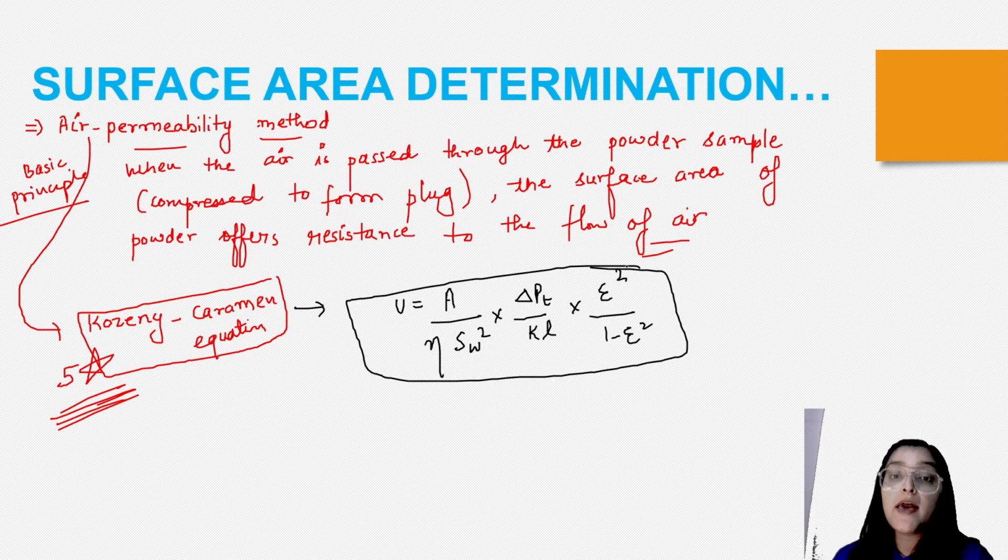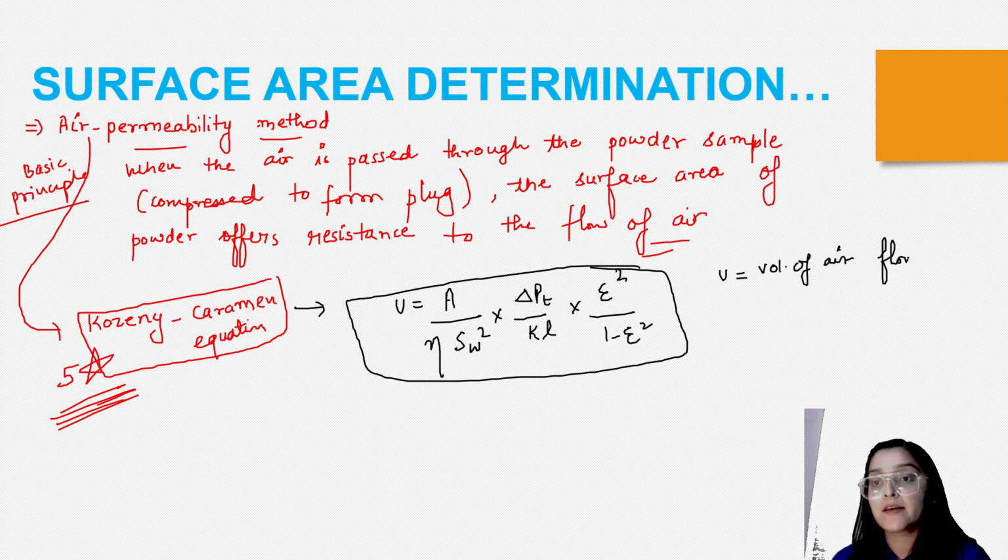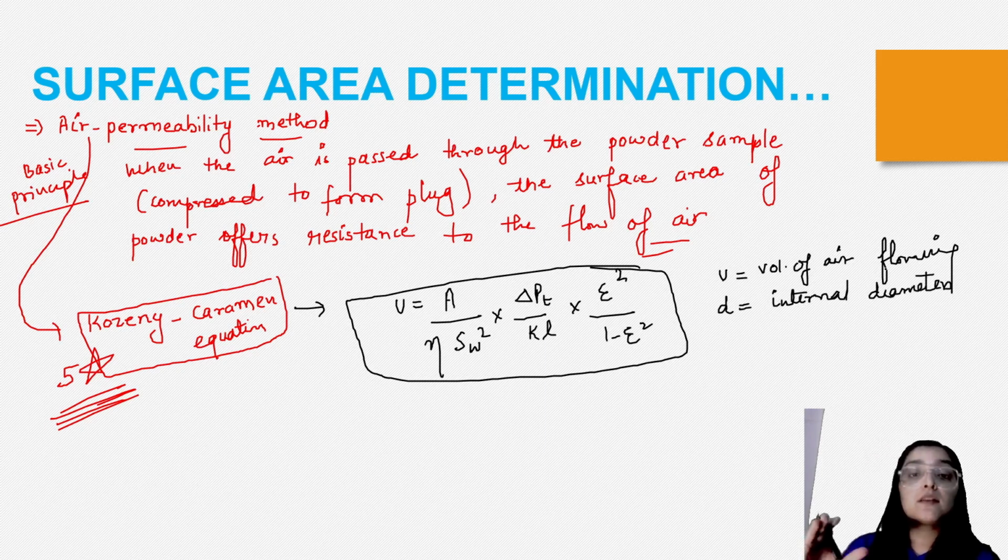As we can see here, V is the volume of air flowing. Next is D, which is obviously the internal diameter of the capillaries. Capillaries are where the powders are packed and the air is passed, and airflow is maintained through them. The surface area of the powder offers the resistance to this flow of air, and that is determined.